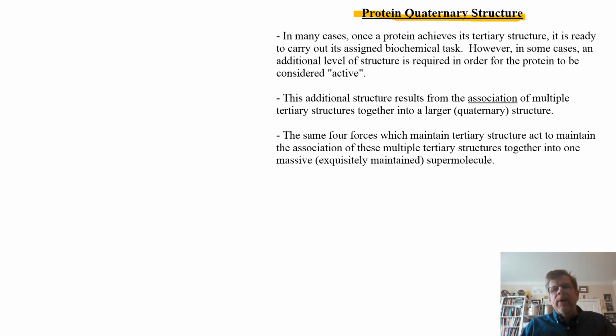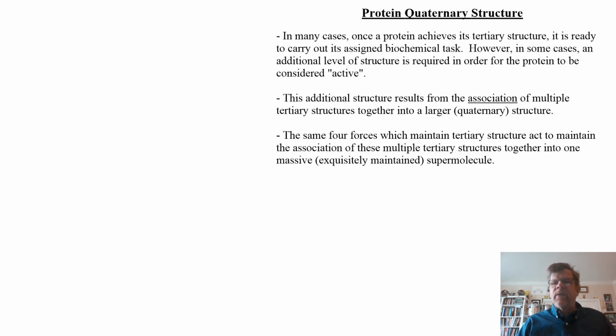Quaternary structure. Remember, tertiary structure is the complete protein in probably a majority of proteins, but a minority of proteins need an additional level of intricacy before it can reach its active form. So we need a different level now of complexity.